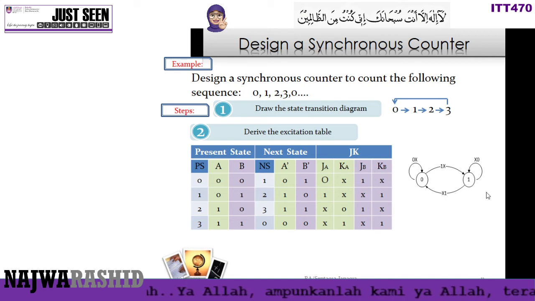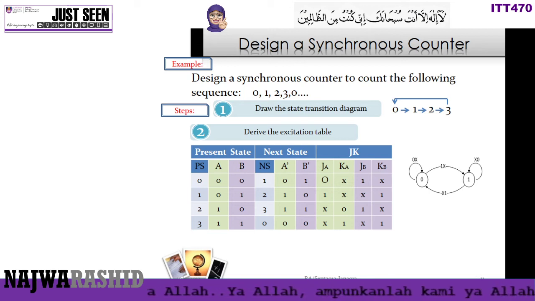So 1 to 0, you put x1. Next part you have 0 goes to 1. So 0 to 1, you put 1x here. And lastly, you have 1 to 0. From 1 state to 0 state, you put x1. Okay, now you have completed your excitation table.